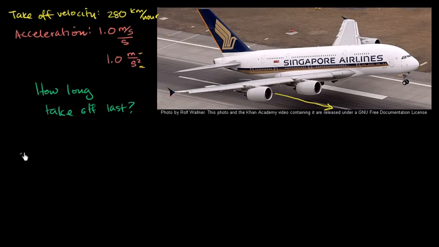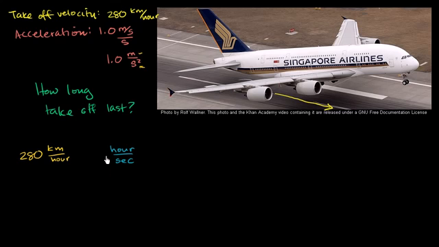So if we have 280 kilometers per hour, how do we convert that to meters per second? So let's convert it to kilometers per second first. So we want to get rid of these hours. And the best way to do that, if we have an hour in the denominator, we want an hour in the numerator. And we want a second in the denominator. So what do we multiply this by?